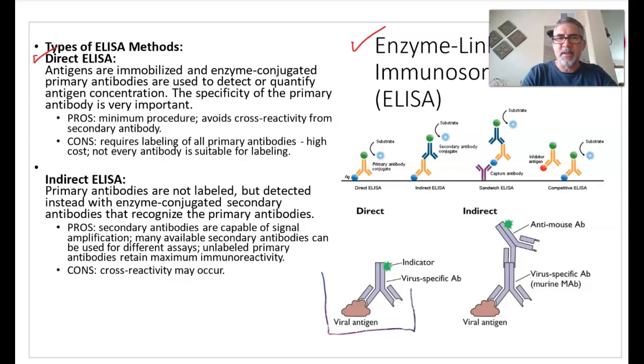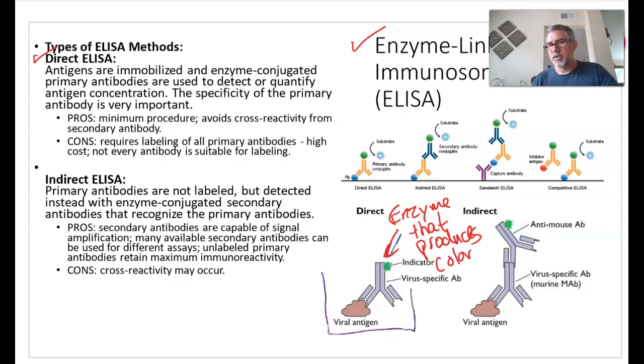And on the antibodies, I'll use red there, this is an enzyme. It's an enzyme that produces color.